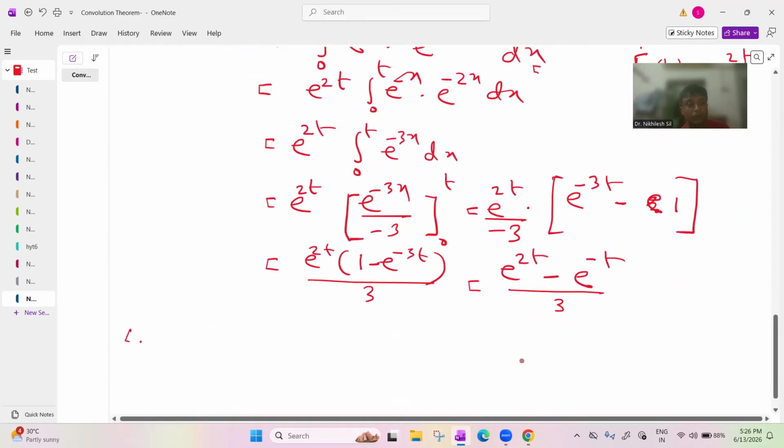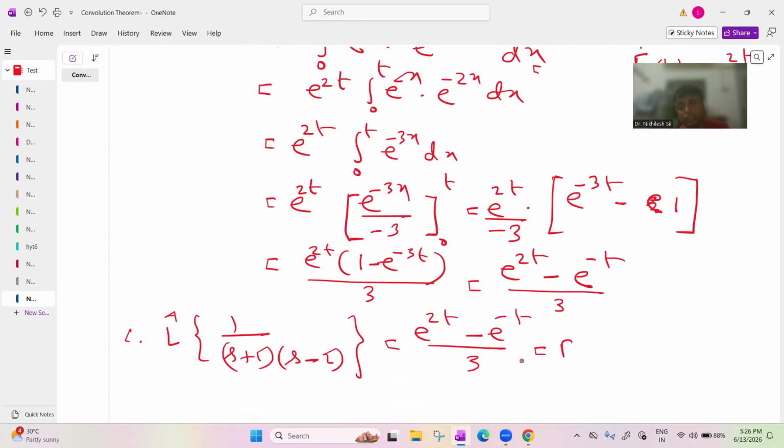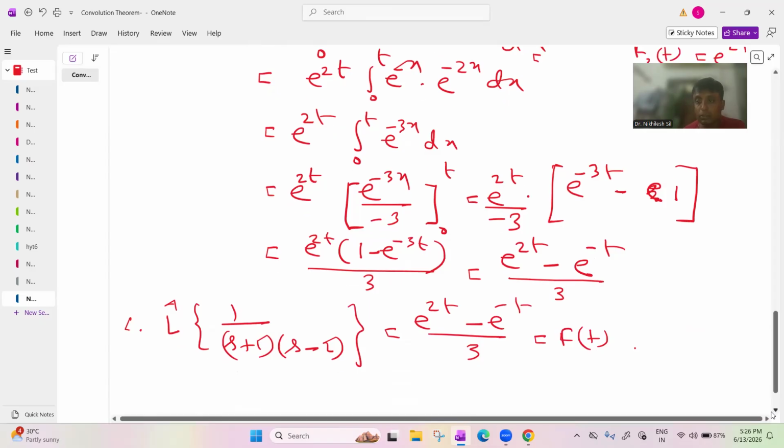Therefore, L inverse of 1 by (s plus 1)(s minus 2) is equal to (e to the power 2t minus e to the power minus t) by 3. So very easily we can find this. In this way, by using the convolution theorem, we can find the inverse Laplace transformation very easily. Okay, clear?